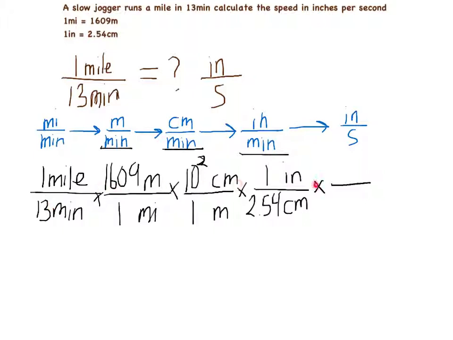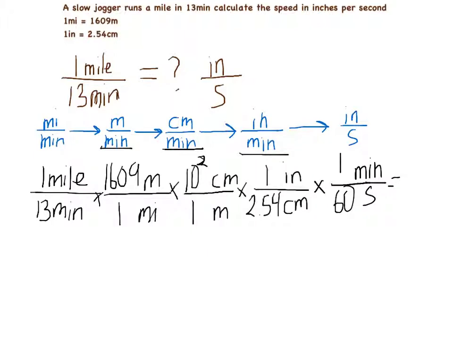Okay, I know we have all this stuff in between, but this is for this right here. So minutes are on the bottom. If we want to cancel out minutes, we're going to have to put it on the top this time. Usually we put it on the bottom, but because it's already on the bottom, we got to reverse it and put it on the top. And then we want seconds. So in 1 minute, 60 seconds.